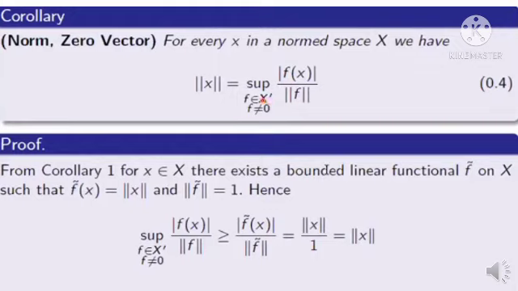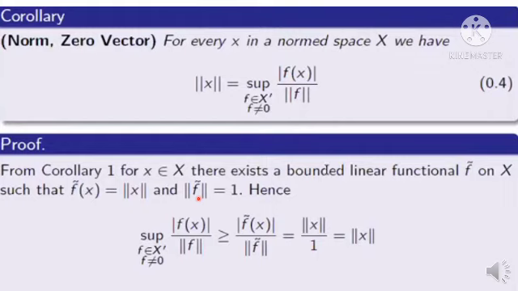Proof: from corollary number 1, which says that for every non-zero vector in a vector space, there exists a bounded linear functional f tilde on x such that if we find the value of this f tilde on x, it will be the norm of this x, and the norm of f tilde will be equal to 1.